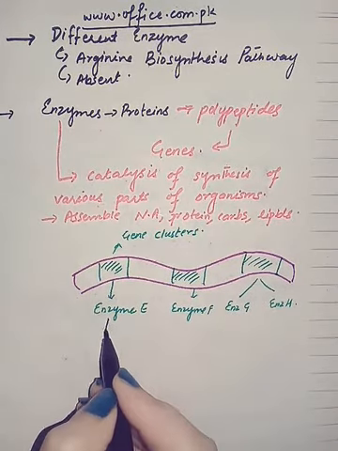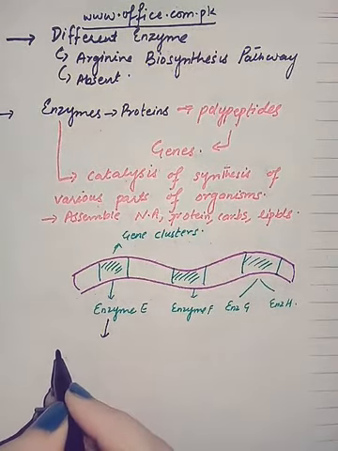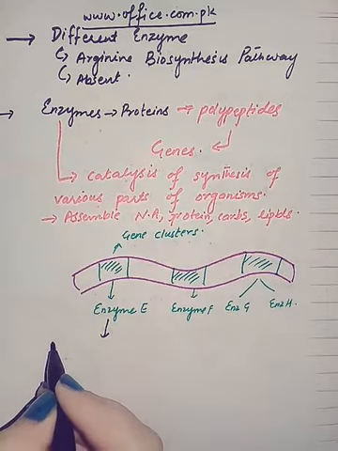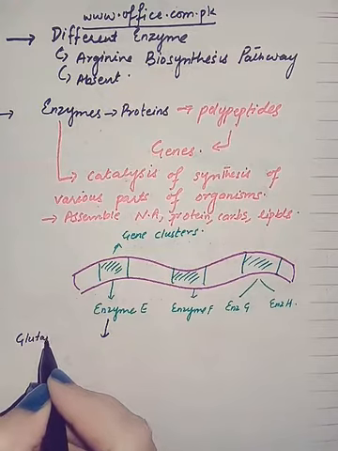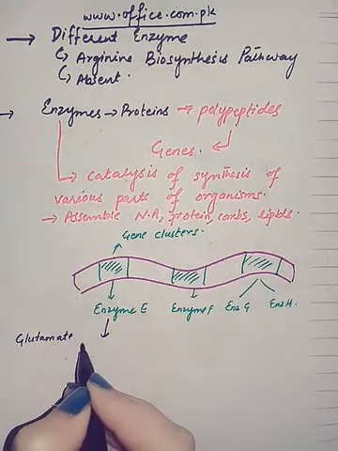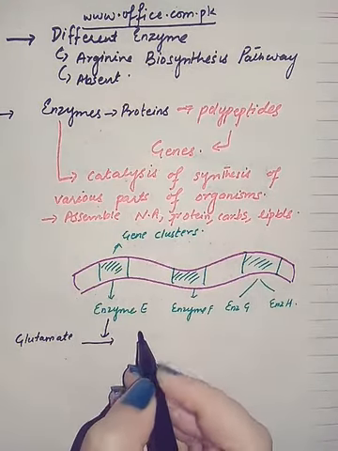Now this enzyme E, it will catalyze the conversion of glutamate to ornithine.